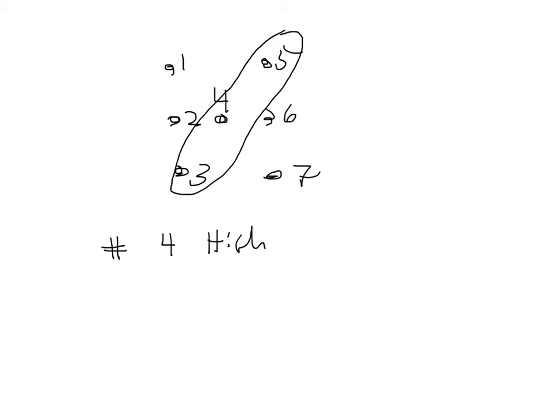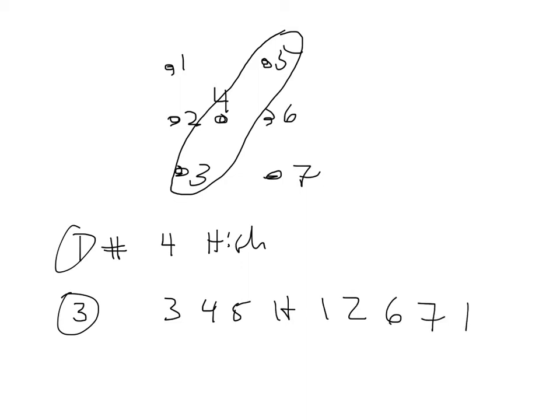Well, I suppose you could represent it the other direction as well, but I'm going to represent it here with 3, 4, and 5. So I'm going to say in this case that if I want to represent the number 3, I'm going to go ahead and use 3, 4, and 5 are going to be high. I'll use a shorthand here. And the rest of that, I'm going to have 1, 2, 6, and 7 are going to be low.